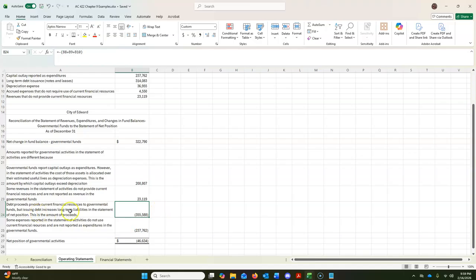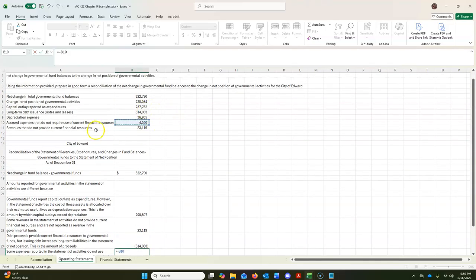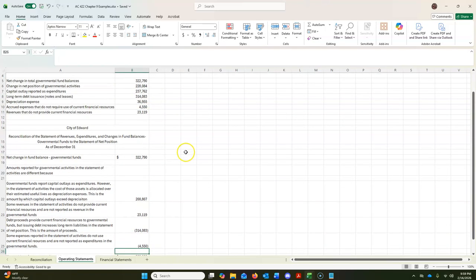Then we have debt proceeds, which provide current financial resources to governmental funds, but issuing debt increases long-term liabilities in the statement of net position, the amount of proceeds. So here we have this long-term debt issuance, notes and leases. We're going to record that here as a negative amount, $314.83. And then the last item we have is the accrued expenses that do not use current financial resources.